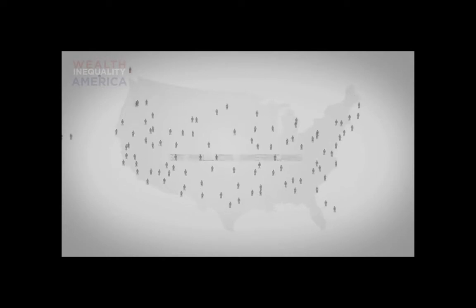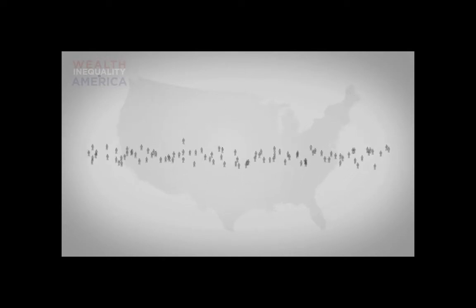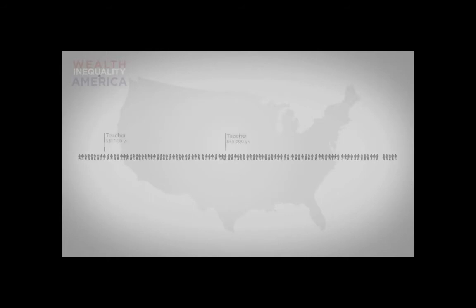But let's look at it another way, because I find this chart kind of difficult to wrap my head around. Instead, let's reduce the 311 million Americans to just a representative 100 people. Make it simple. Here they are: teachers, coaches, firefighters, construction workers, engineers, doctors, lawyers, some investment bankers, a CEO, maybe a celebrity or two. Now let's line them up according to their wealth.